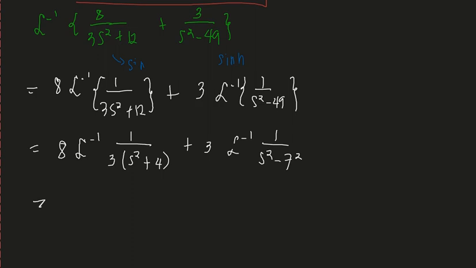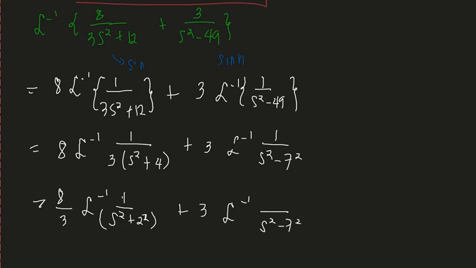So now, factor out ko liwat. So this will be equal to, so 8 all over, factor out ko ang 3. So inverse Laplace transform of 1 all over s squared plus 2 squared plus 3. Then we have inverse Laplace transform of 1 over s squared minus 7 squared.